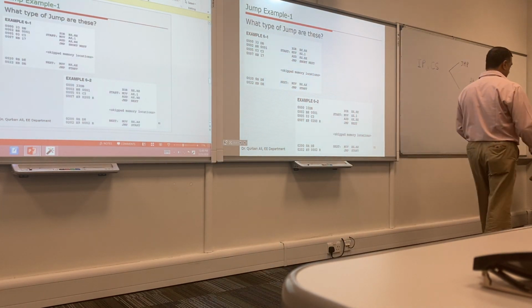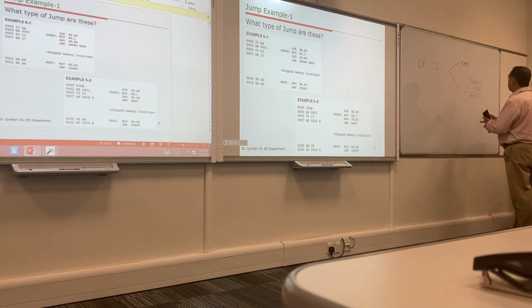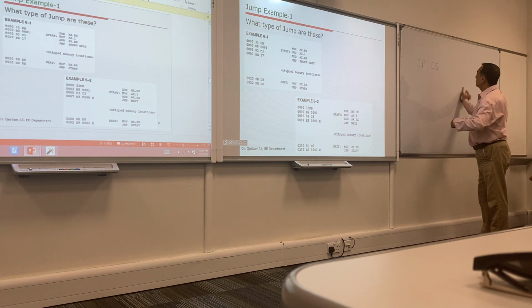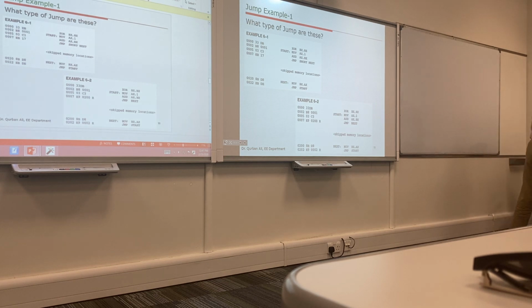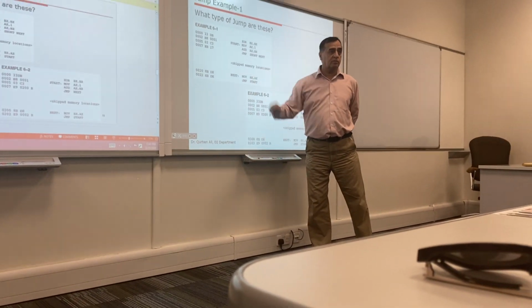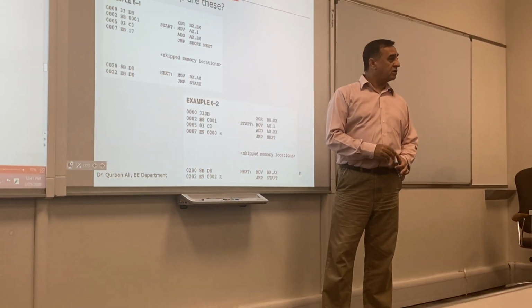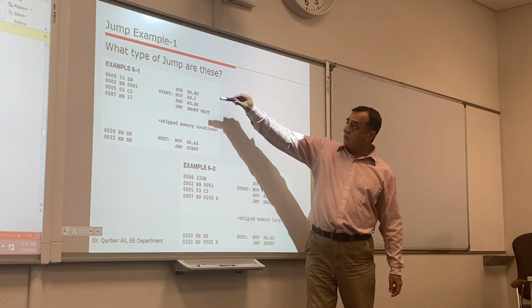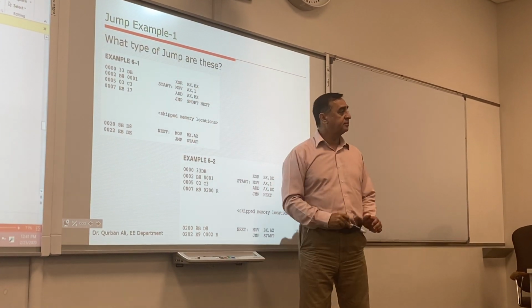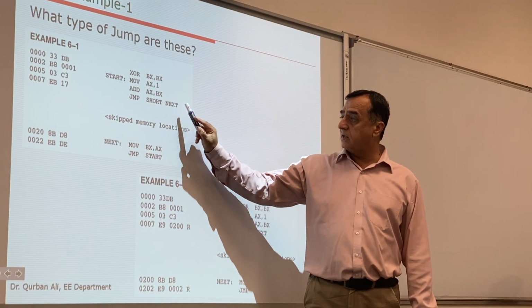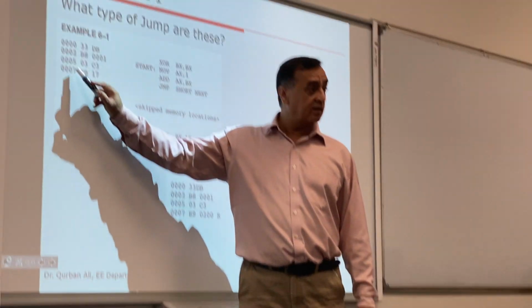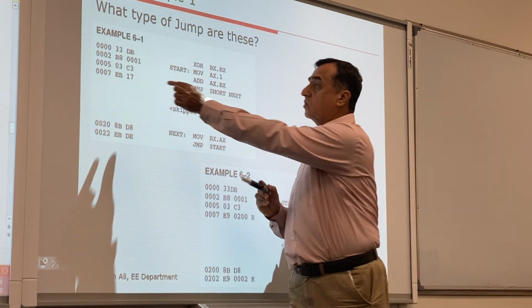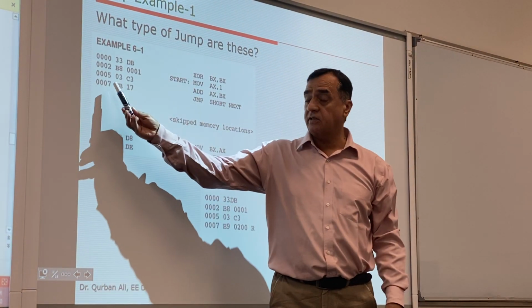Look at these examples now. Tell me whether these are short, near or far. Example 6-1 from the textbook. See the instructions, you just look at where the jump is, right? It jumps and goes to the next. Where is next? This one. What is the address here? 7. EB17 is the code of jump. Address is 7.